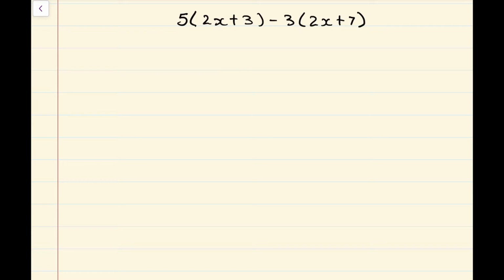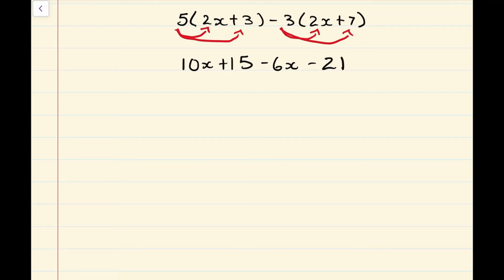So let's remove the first bracket, and of course we have this 5 being multiplied by this 2x, which will give us 10x, and then we're going to have the 5 multiplied by the 3, which will give us 15, and then we'll have for the second bracket negative 3 multiplied by 2x, which will give us negative 6x, and negative 3 multiplied by 7 is negative 21.